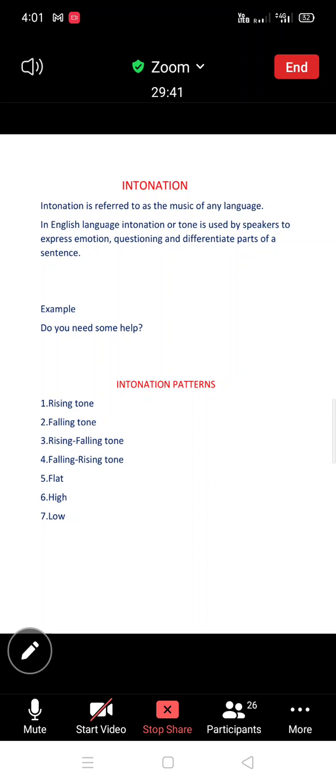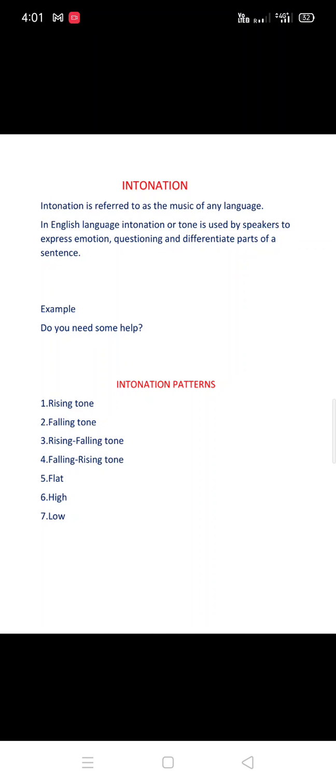Now we will discuss intonation. What is intonation? Intonation is referred to as the music of any language. In the English language, intonation or tone is used by speakers to express emotion, questioning, and differentiate parts of a sentence.